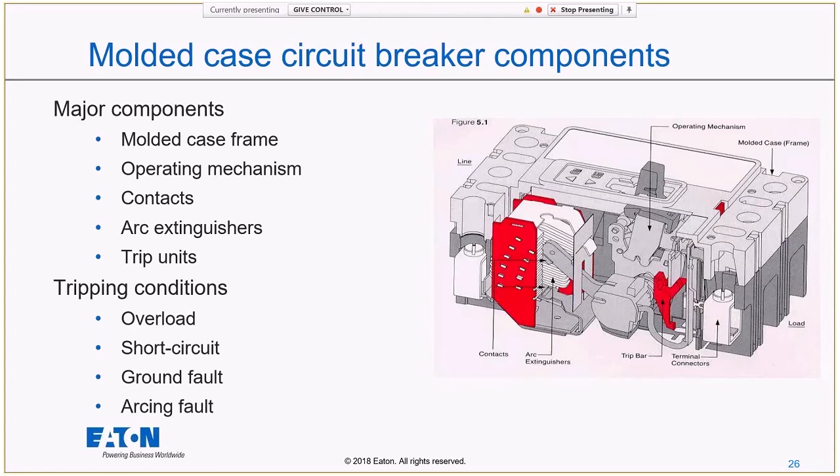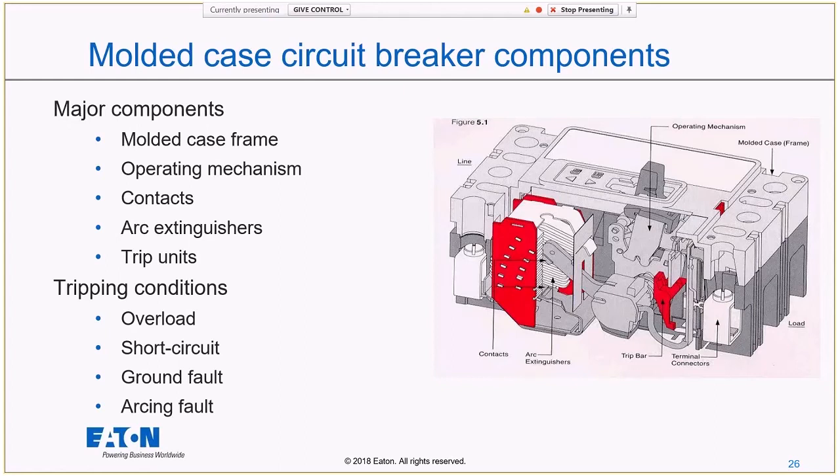So instead we have those arc chutes that help us cool it in a much, much smaller amount of space. And then finally, a trip unit. That trip unit is going to have some sort of current sensing means, some way to determine that an overcurrent condition is occurring, and a way to unlatch those contacts so that they'll separate.